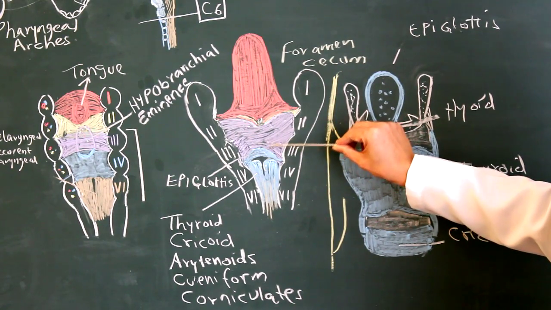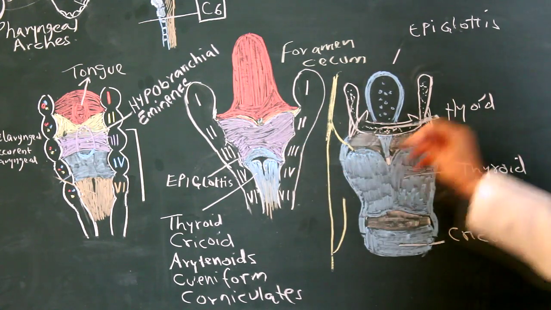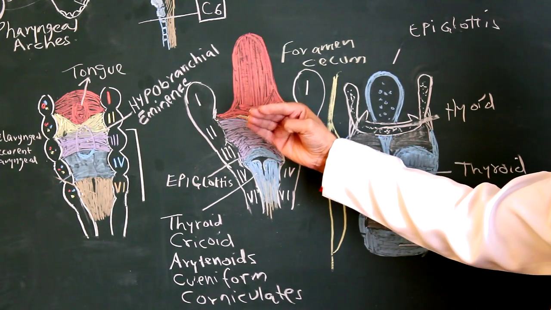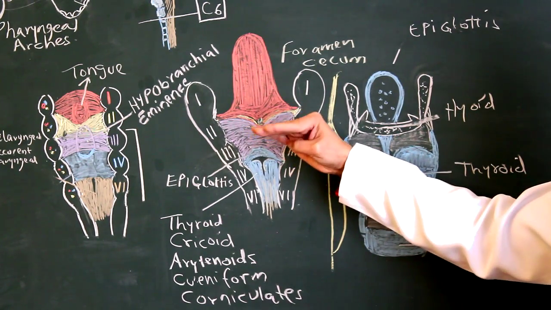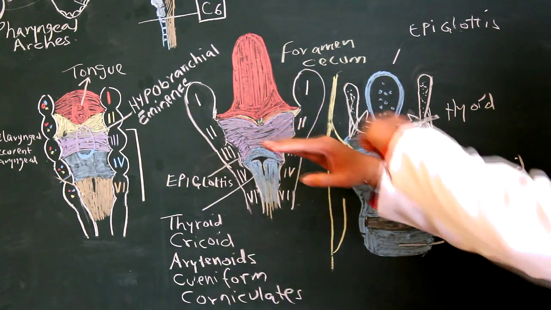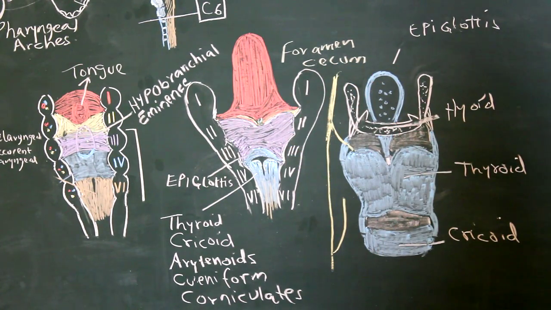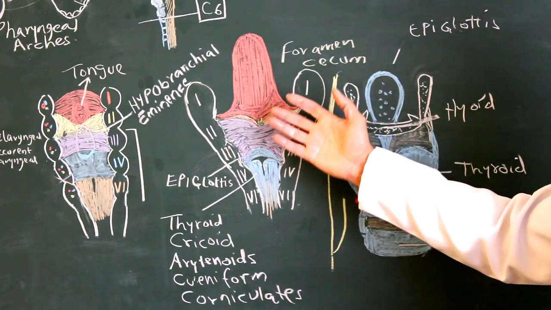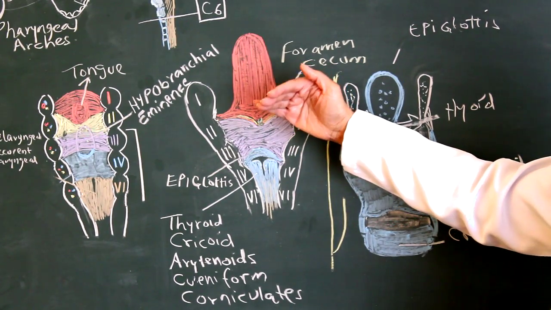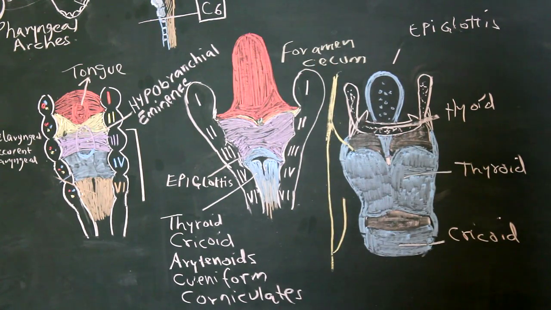Then we know that the epiglottis is also covered by mucosa, on the oral part of the epiglottis and the laryngeal part of the epiglottis. The oral surface of the epiglottis is lined by mucosa similar to the mucosa of the tongue, the oral mucosa, while the lower part of the epiglottis, or the laryngeal surface, is covered by the typical respiratory mucosa, which is pseudostratified ciliated columnar.